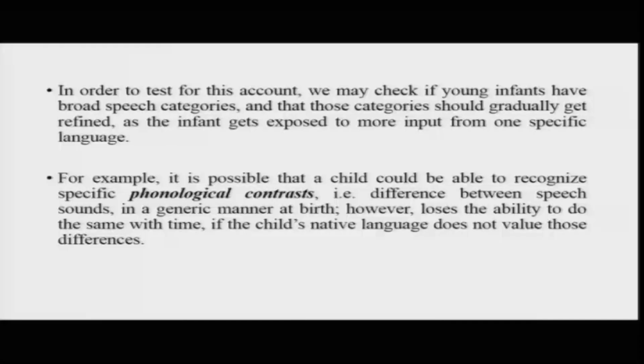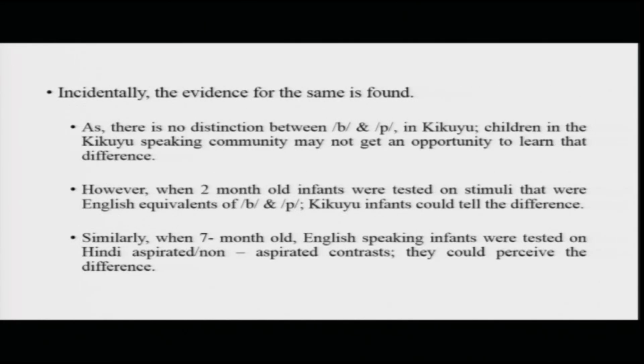For example, some Japanese children are not able to distinguish between r and l because these are liquid phonemes, and the Japanese language does not distinguish between them so much. Let us take another example. In Kikuyu language, there is no distinction between ba and pa, whereas in English, ba and pa are two discrete sounds, and everybody who learns to speak English should be able to distinguish between ba and pa.